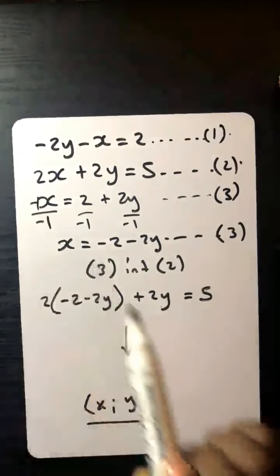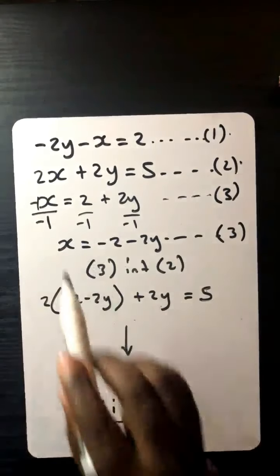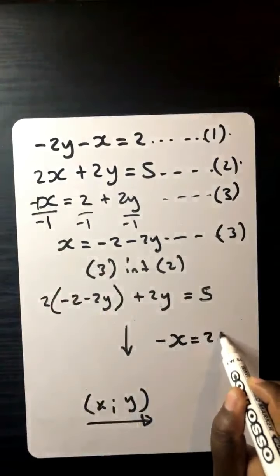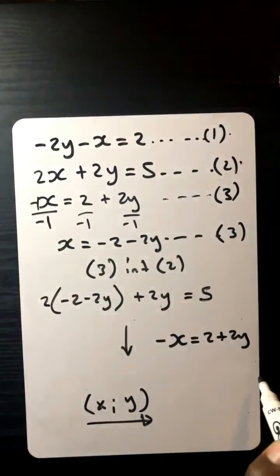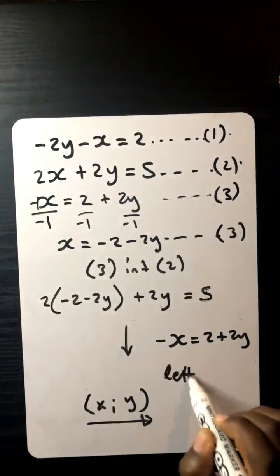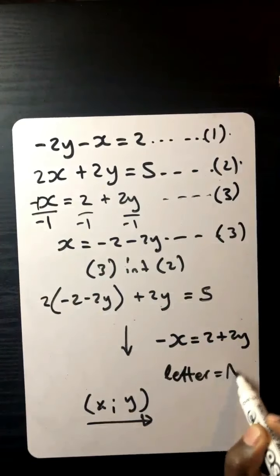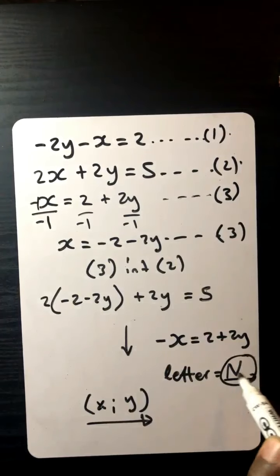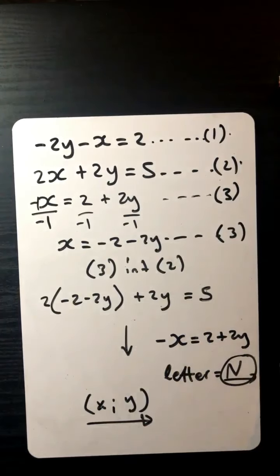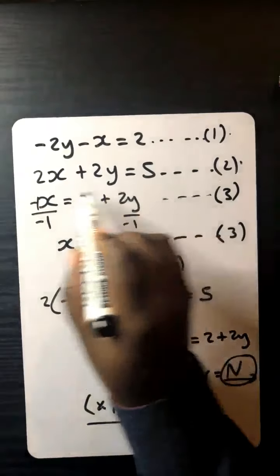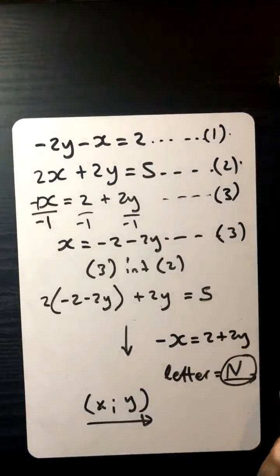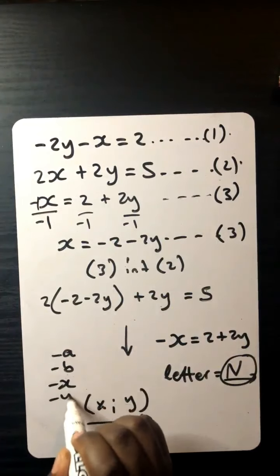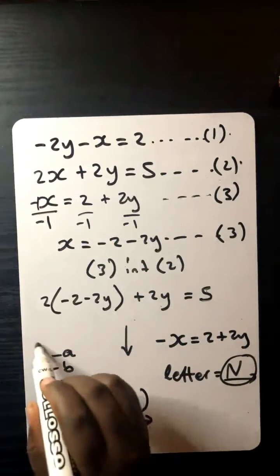But you know, the problem is when you leave it like that, it's negative x equals 2 plus 2y. And remember, you want to have a letter which is equal to either a number or whatever on the right. In this case, I cannot say a number because this is where we are making a letter the subject of the formula. So negative a, negative b, negative x, negative y, negative z: this is not a letter.